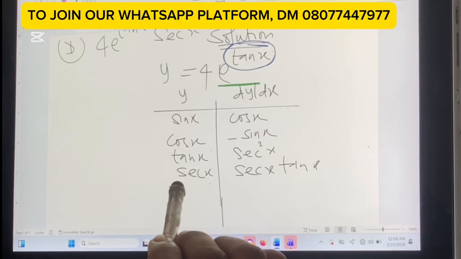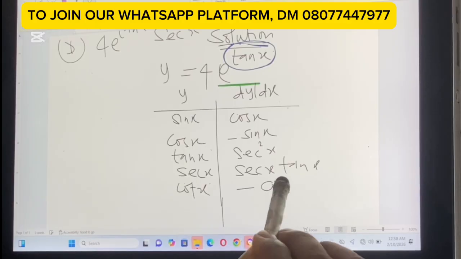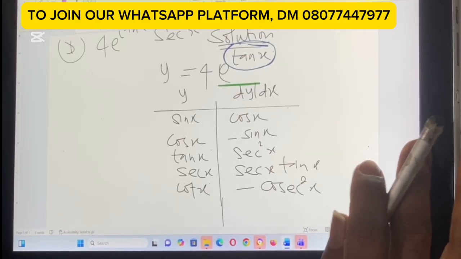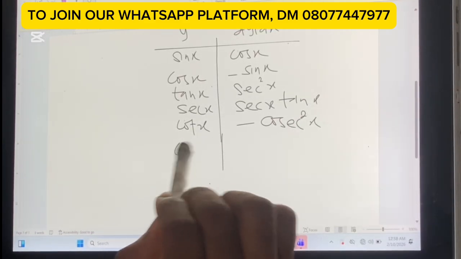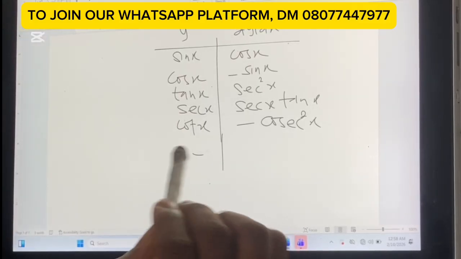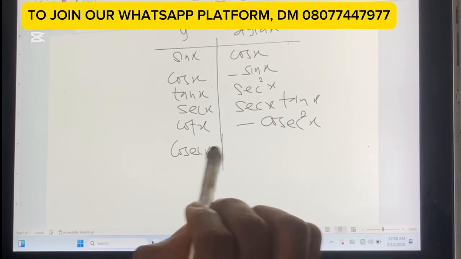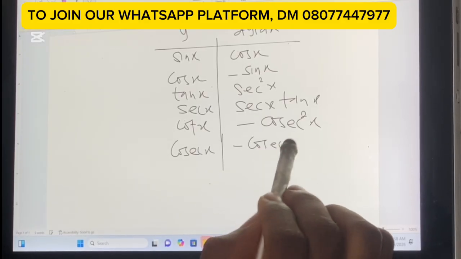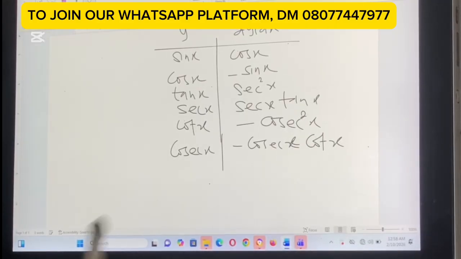If I have cot s, it will be minus cosec square s. If I have cosec s, dy ds of it will be minus cosec s cot s. Please take notes.